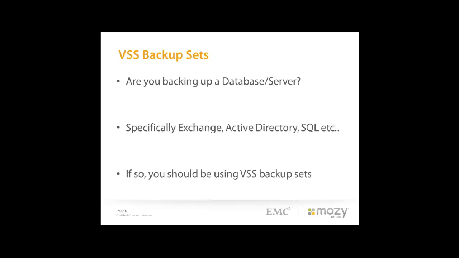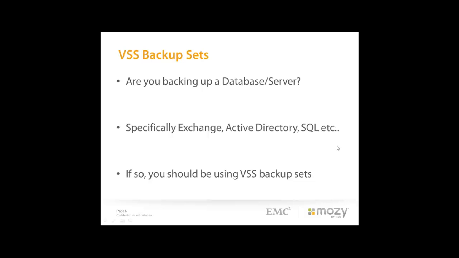VSS backup sets. As I mentioned a while ago, VSS backup sets are great if you're backing up databases or servers, specifically Exchange, Active Directory, SQL, and the like. If you are backing up any of these types of databases or servers, I would strongly recommend using the VSS backup sets.